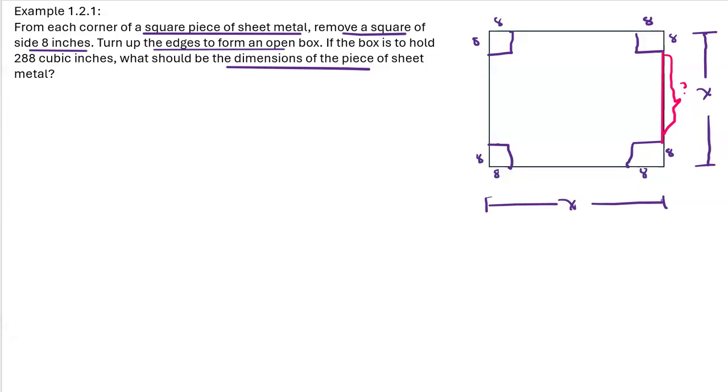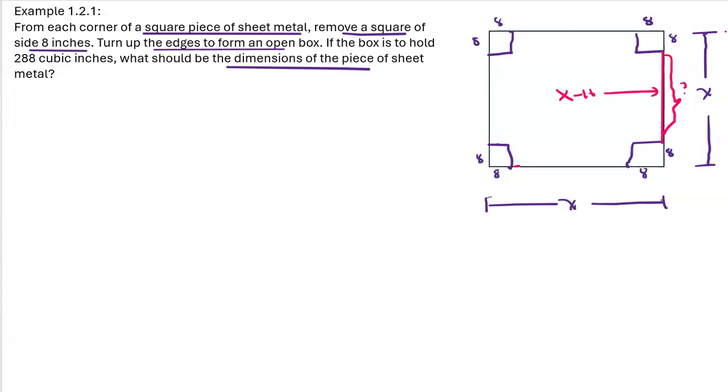Everybody agree it's going to be x minus 16, right? Because if the whole thing is x, we're taking 8 on the top and 8 on the bottom. So that piece right there is going to be x minus 16.